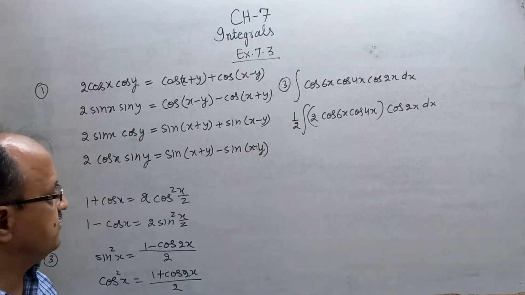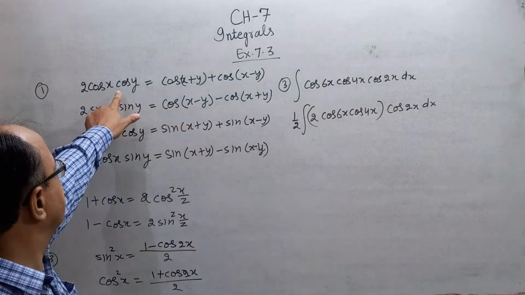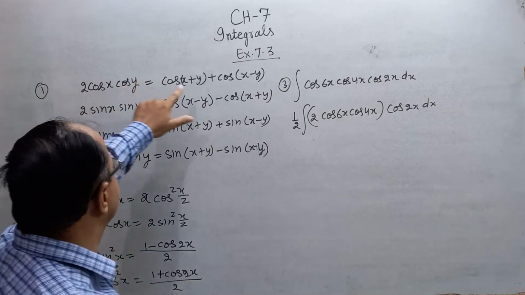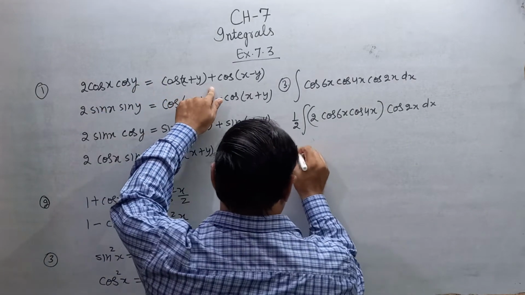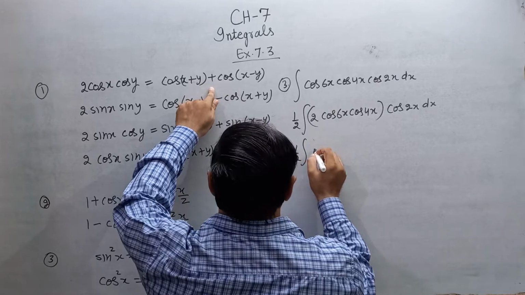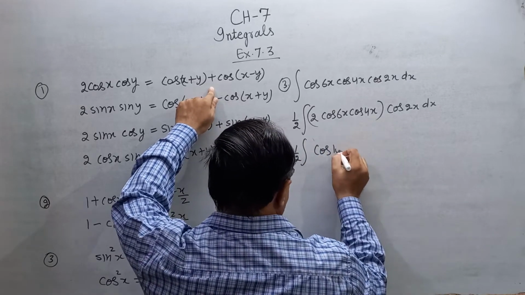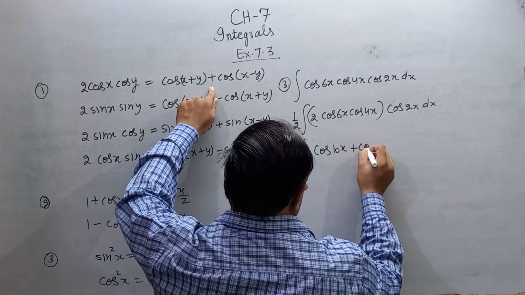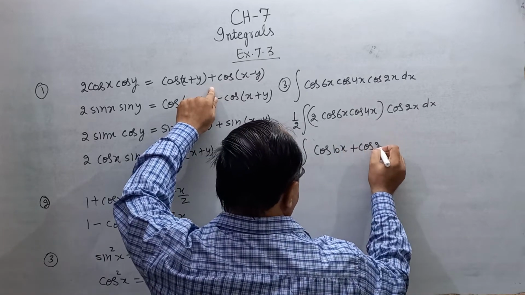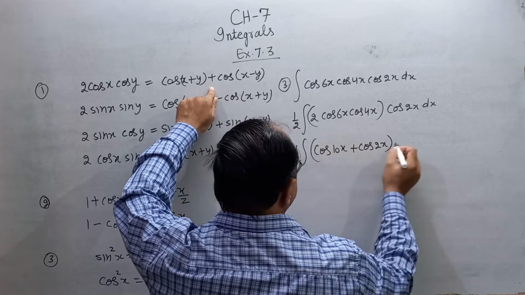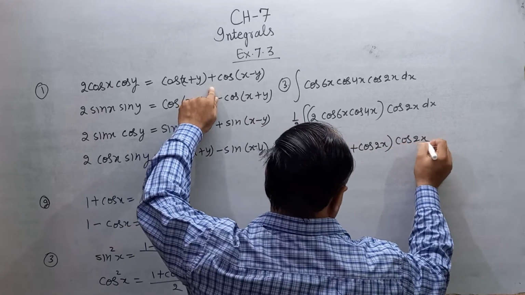Apply the formula 2 cos x cos y, that is cos x plus y, 6x plus 4x, 10x, and 6x minus 4x, 2x, and cos 2x as it is.